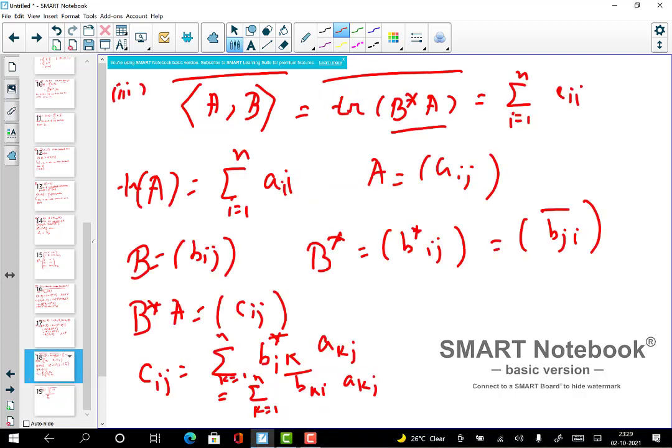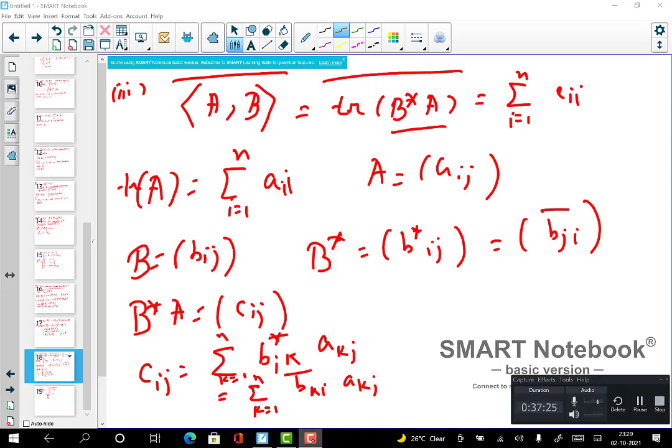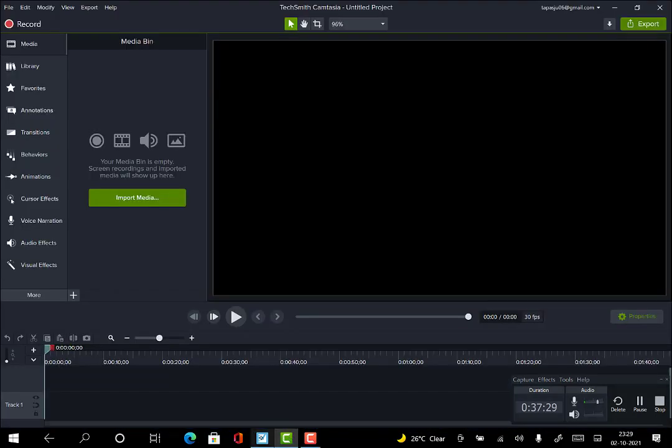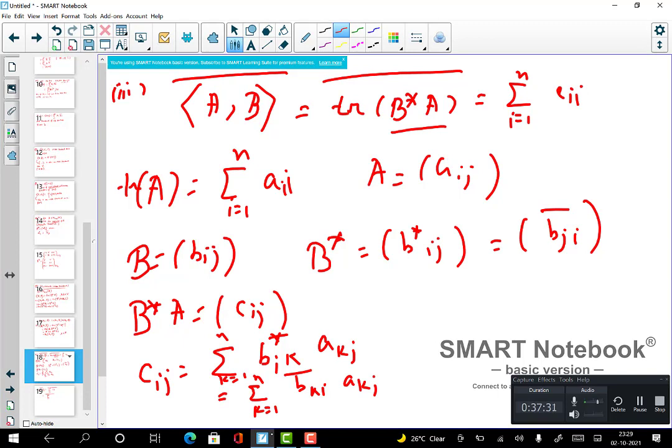The Cii are also sums, right? So you put j equal to i, and then Cii will be what? One minute.